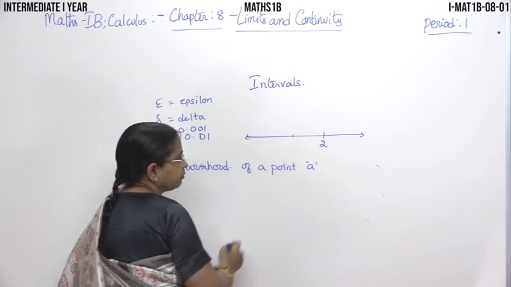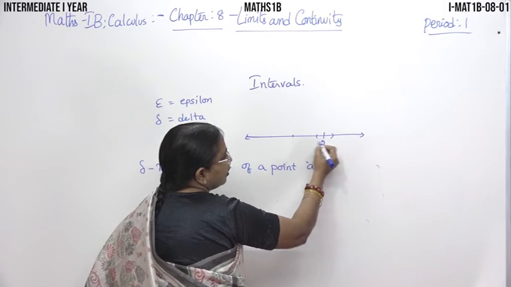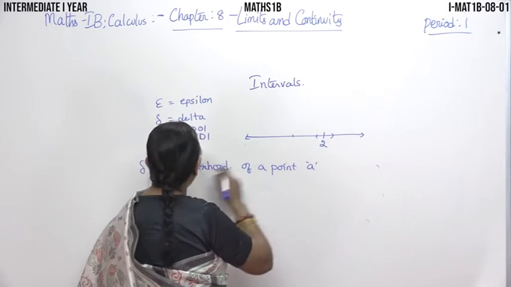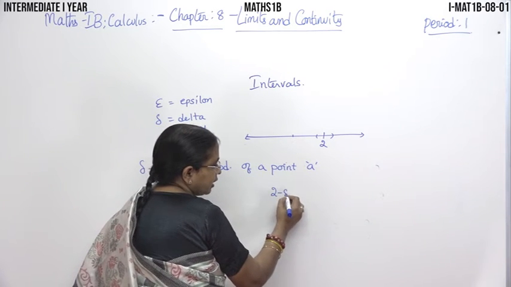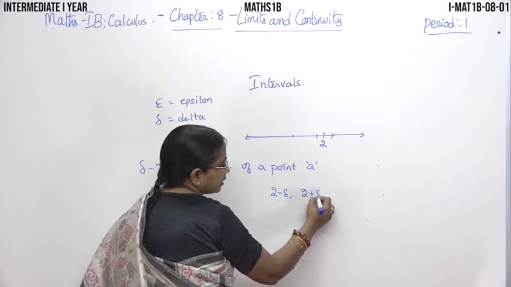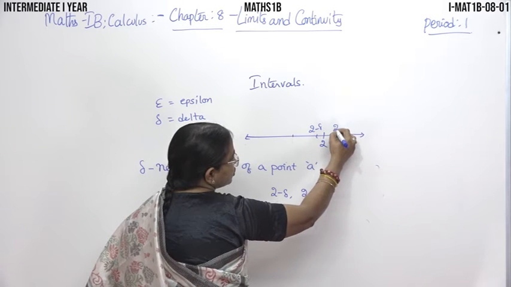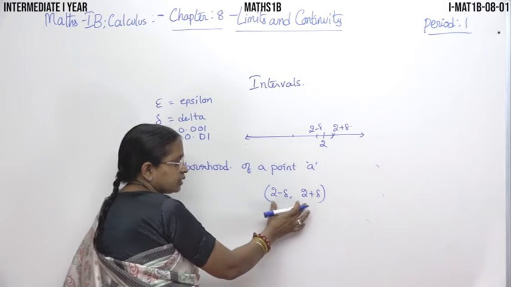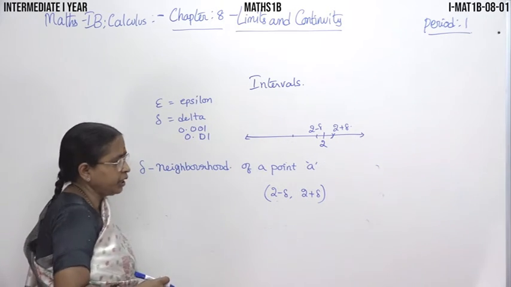Okay, we'll take the same number 2. Now we'll take one small interval around the 2. On the left side and right side, we take the epsilon or delta neighborhood. So that means 2 minus delta and then 2 plus delta. This number is 2 minus delta and this value is 2 plus delta. This interval is called the delta neighborhood of the point A.